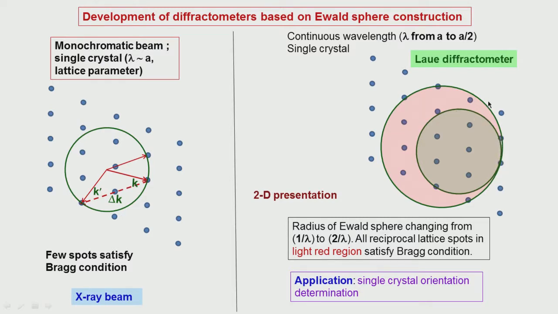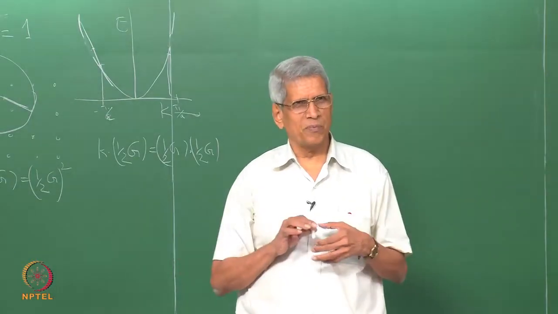Between this circle and this circle, these are two extreme values of lambda, and you have so many circles. So, one or the other is going to touch the reciprocal lattice. Now more spots appear, especially in a single crystal when you want to find the orientation. Otherwise, if you put a beam in a particular direction, no diffraction spots will come.